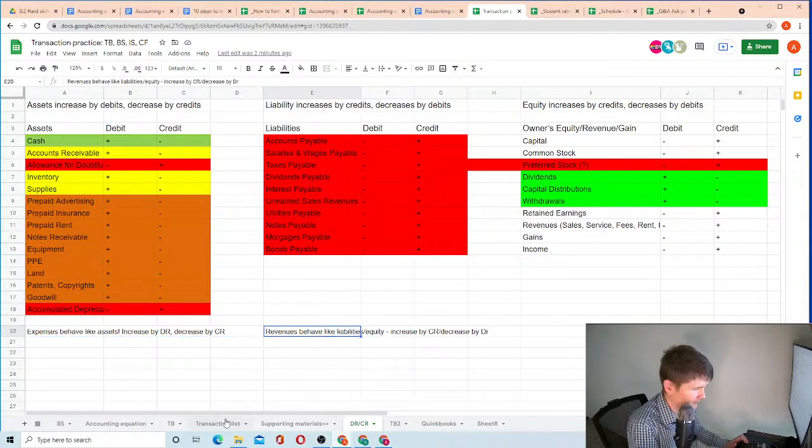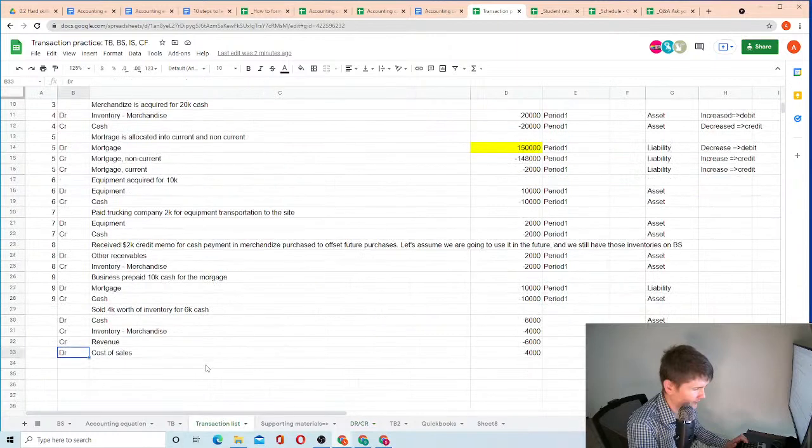So let's go back to the transaction list, because it can make things a bit complicated at that point. I will try to simplify that transaction, and you tell me if that helps.